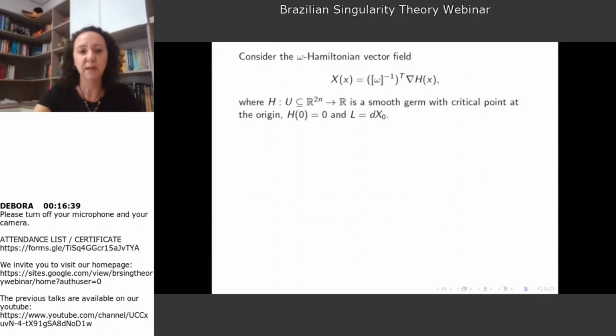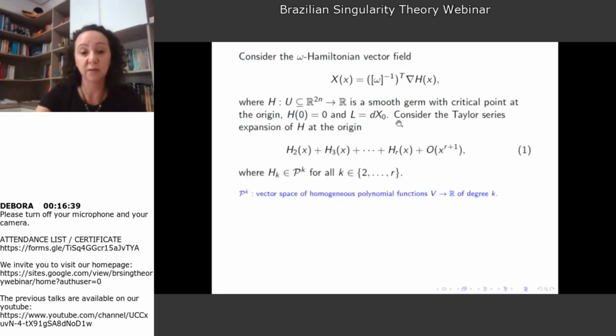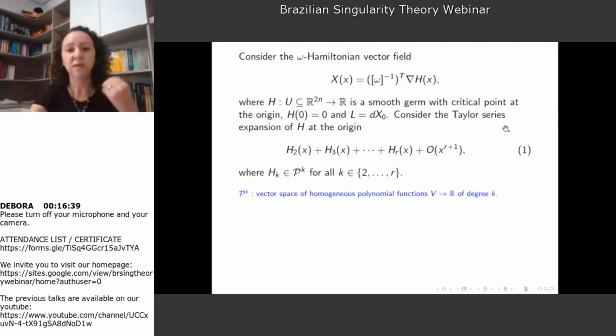So we start again. Consider a Hamiltonian vector field. The map H is a smooth germ with a critical point at the origin, H(0) is equal to 0, and L is the linearization of the vector field, that's the differential of X at the origin. We consider the Taylor series expansion of the map H. Here each H_k is a homogeneous polynomial function of degree k.